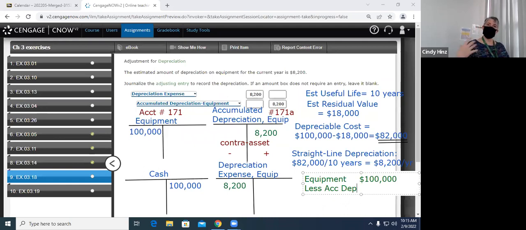I wrote less accumulated depreciation because we need to subtract it. It has a credit balance. It reduces, goes against the value, the original cost of that equipment.